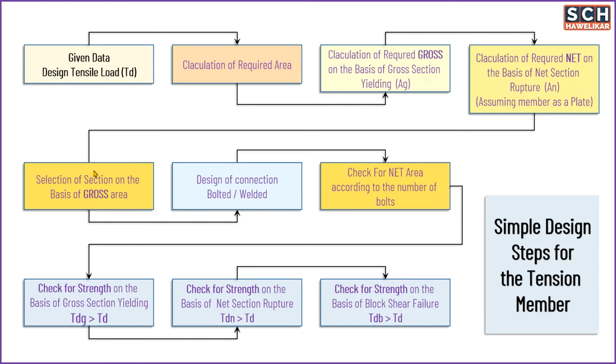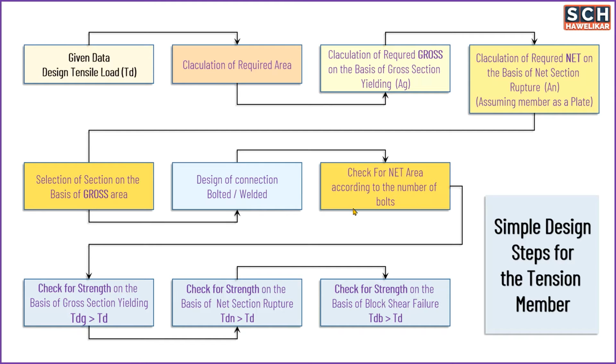After selecting the appropriate section, we need to design a connection, and that may be a bolted connection or a welded connection. If we are designing a bolted connection, then the next step will be the check for the net area, and that net area must be greater than the net area which we have calculated earlier.